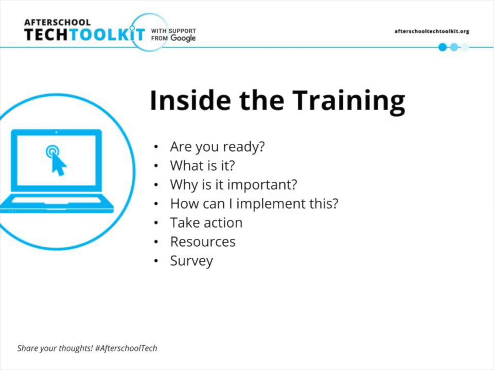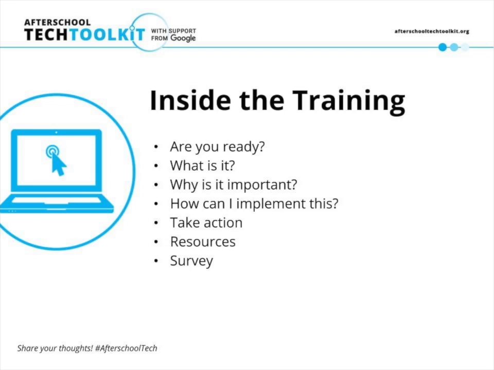Each of the training modules in the Afterschool Tech Toolkit is organized in the same way. In the Are You Ready section, you'll review readiness and current knowledge about this topic. In What is it? You'll review industry definitions and consider how the topic fits into your day-to-day work and afterschool. Then, you'll reflect on why this topic is important to the young people and families you serve.